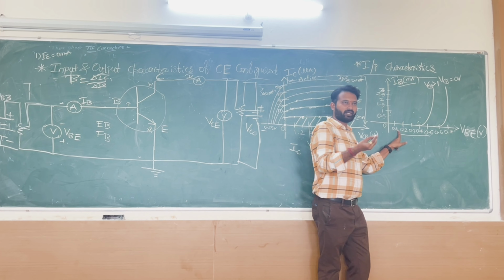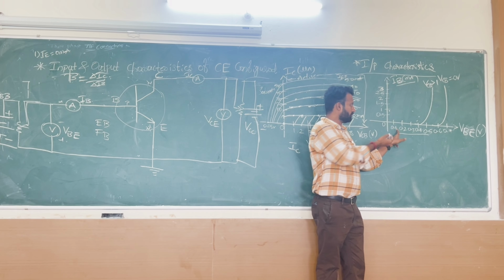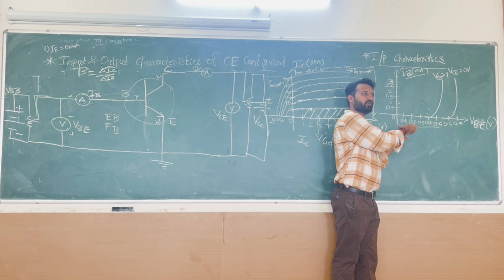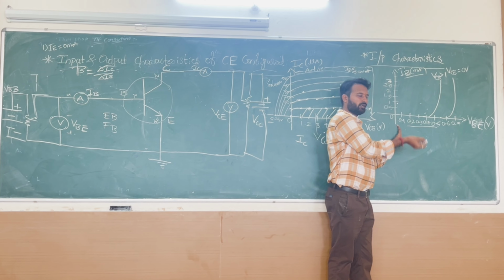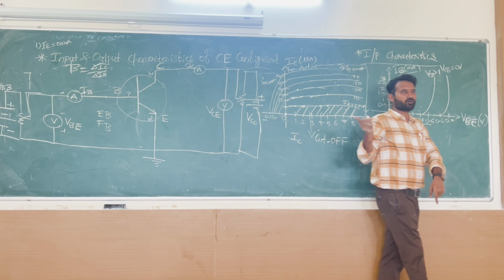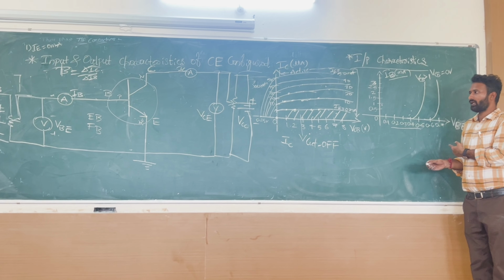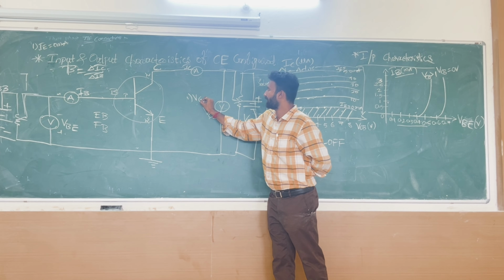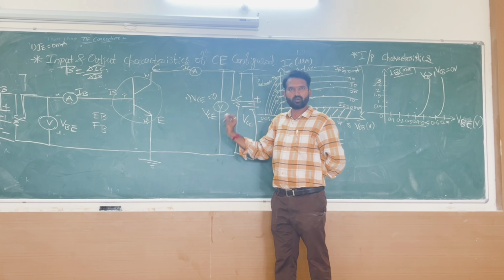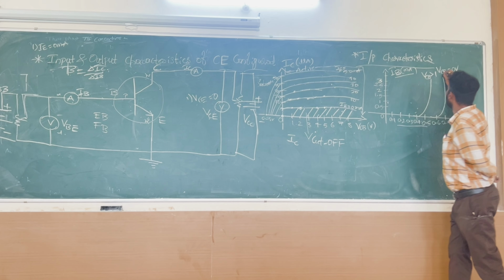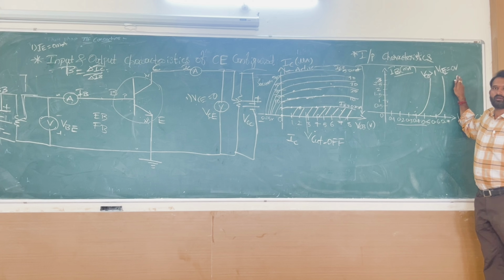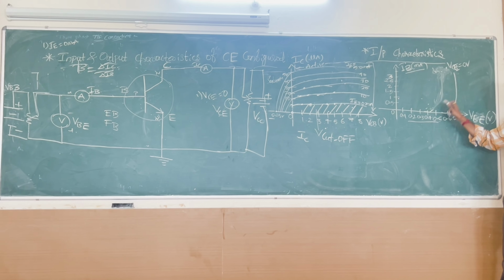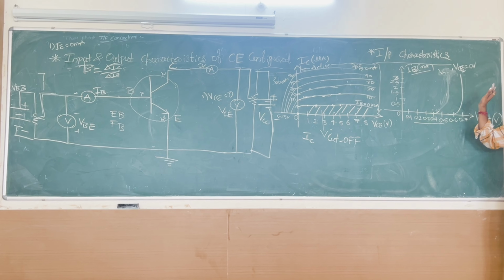You can change in steps of 0.1, 0.2, 0.3, whatever it is. So here, as EB is forward biased, what will happen? We'll keep VCE constant. First case, VCE is equal to 0. Same graph. As a PN junction diode is forward biased, current increases rapidly.